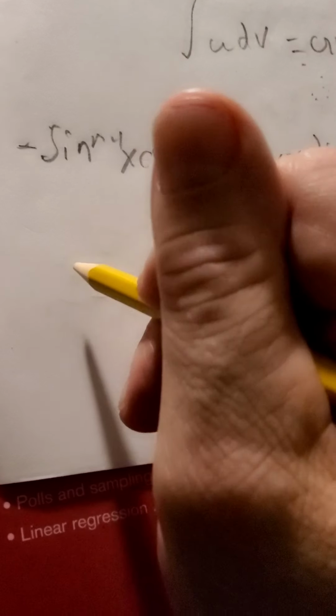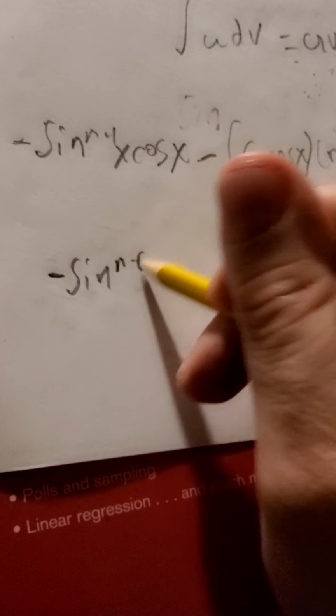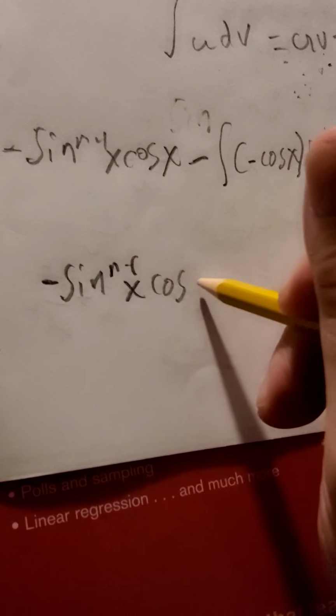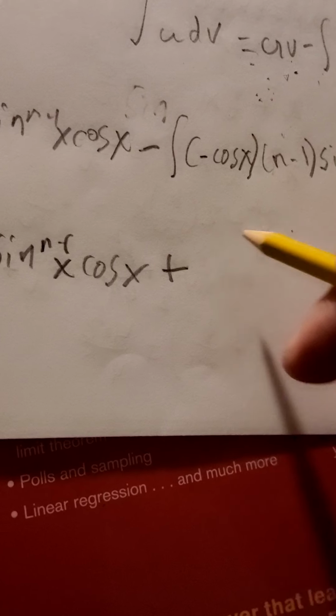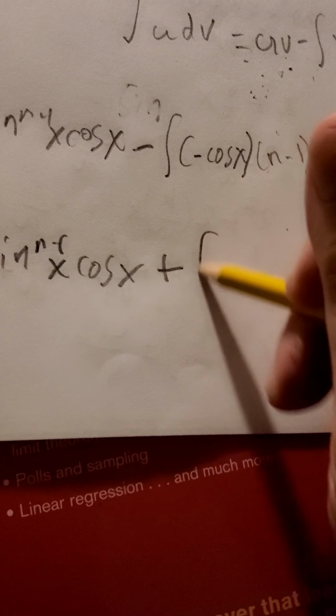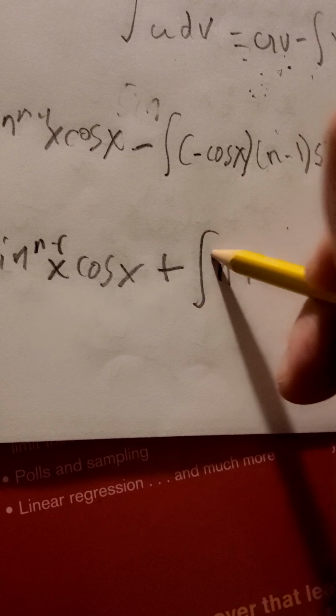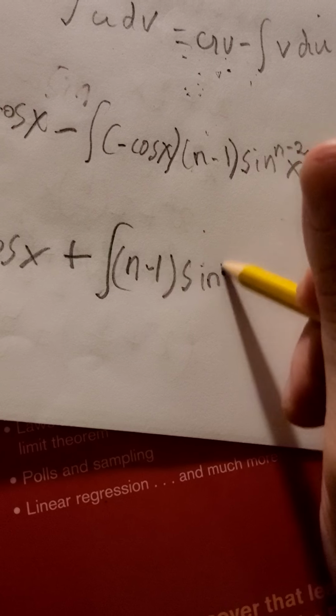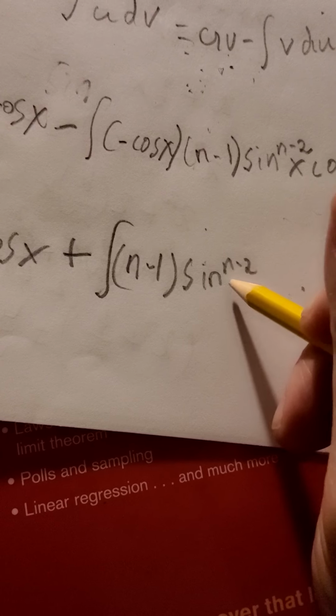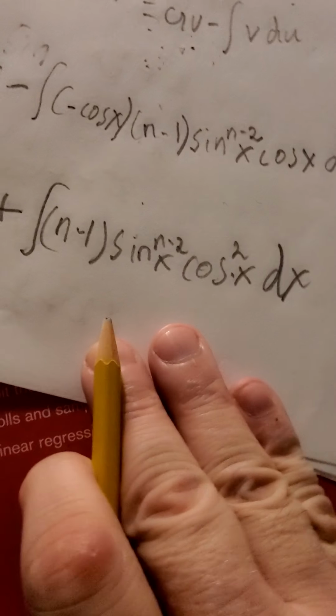So I wrote this as sine to the n minus 1 of x cosine x, plus, two minuses make a plus, the integral of n minus 1 times sine n minus 2 of x times cosine squared x dx. Wrote it like that. Okay.